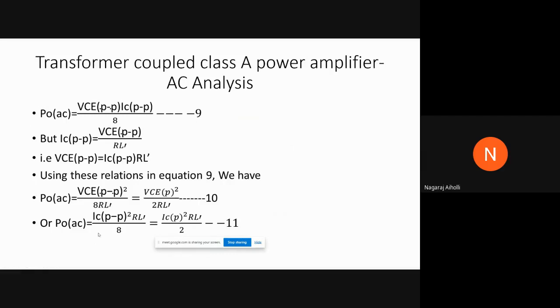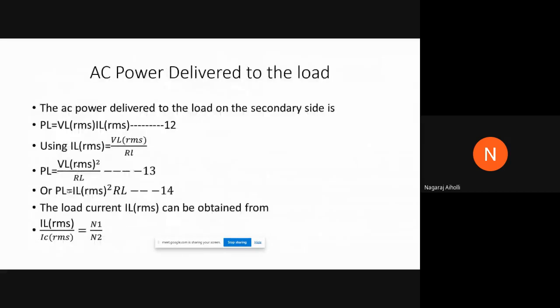Now, students, these are the various equations of the maximum AC output power, whatever we have obtained here. Next, let us find the AC power delivered to the load. The AC power delivered to the load on the secondary side is given by PL is equal to VL RMS into IL RMS. Because it is the AC power, therefore the AC power is nothing but the RMS power, correct?